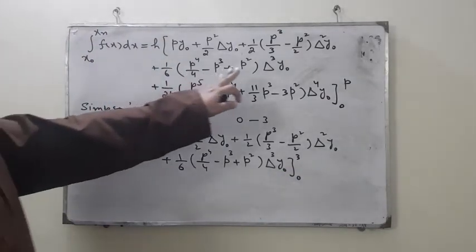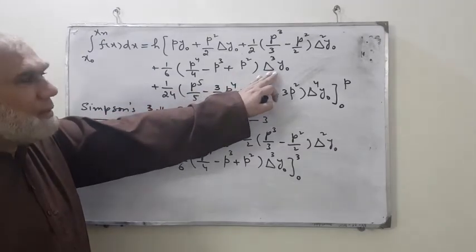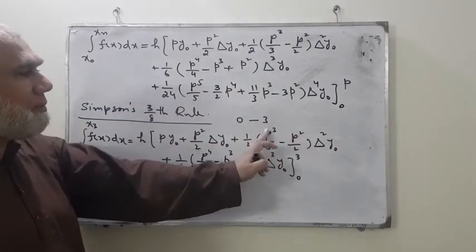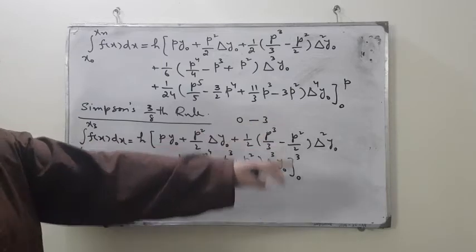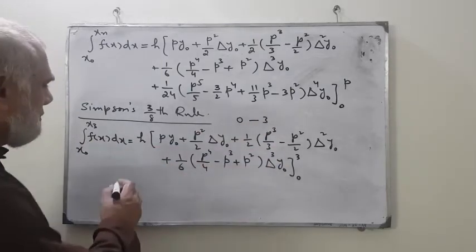We have truncated this series up to this order of difference, using this limit from 0 to 3.